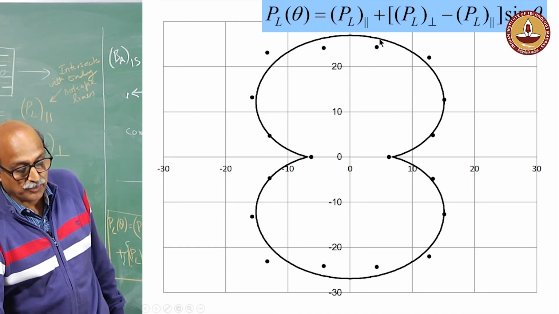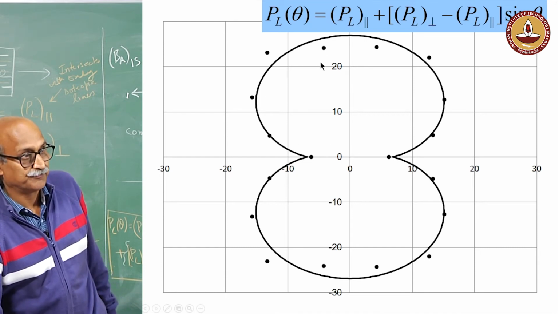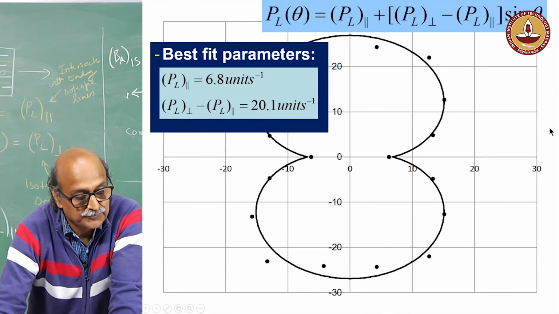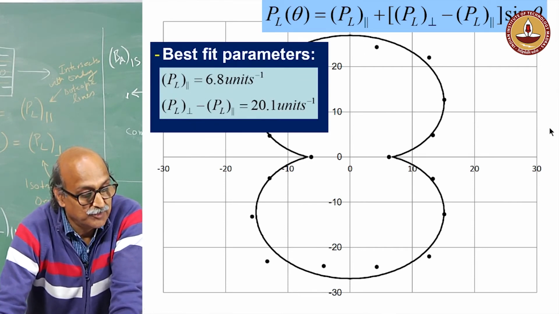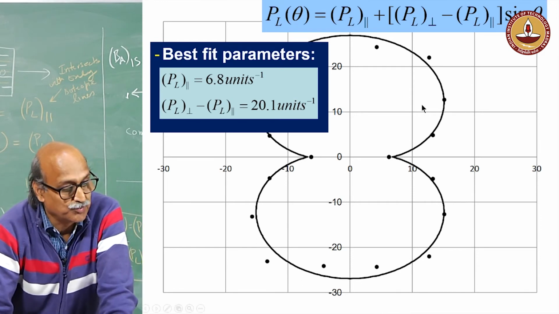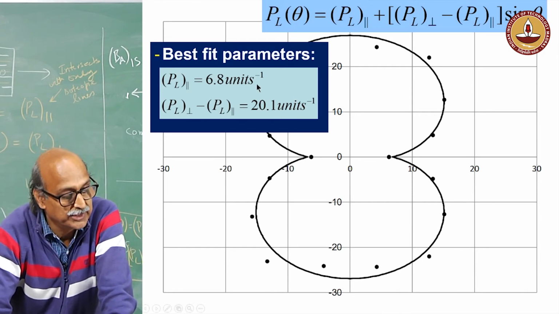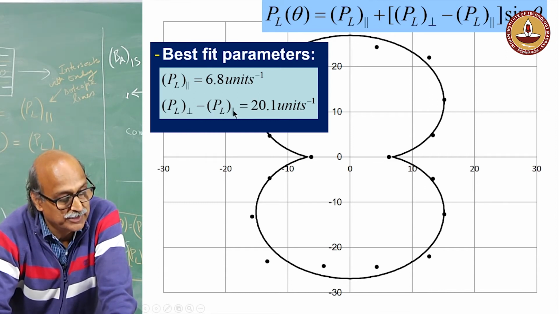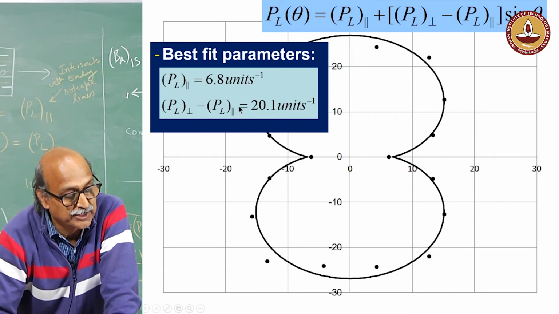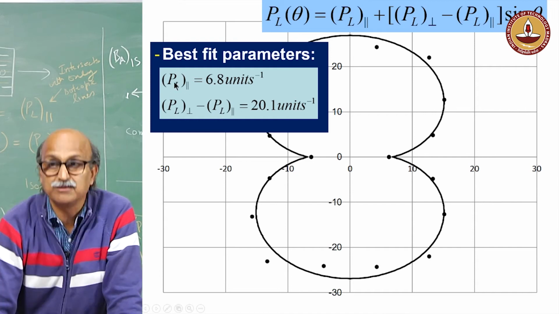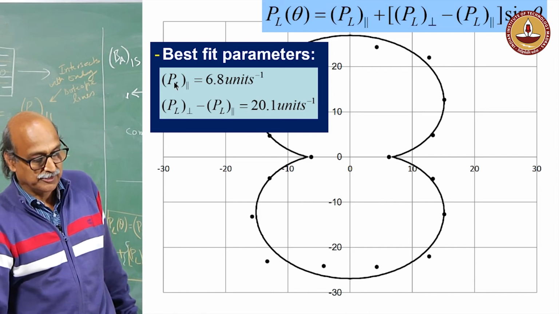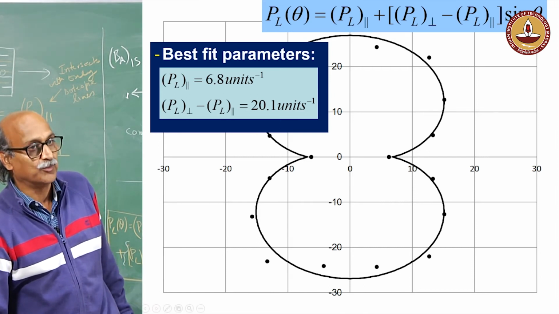So, these are not complete circles as before. We got the intercept 6.8 per unit and the slope PL perpendicular minus PL parallel is 20.1 unit, and remember that PL parallel represents the isotropic component, PL perpendicular minus PL parallel represents only the oriented component.